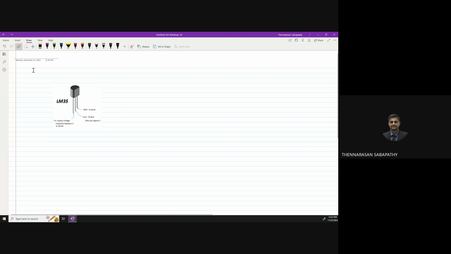Okay, you can see the screen with the LM35 image.